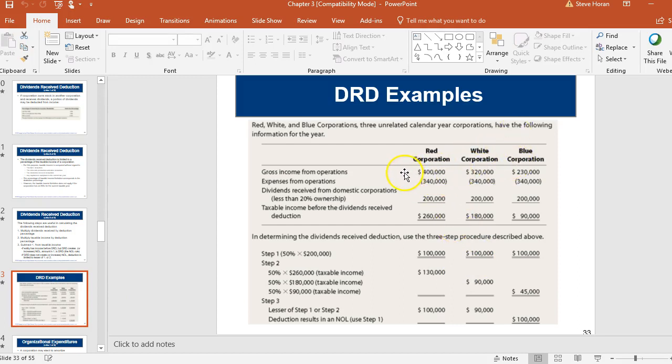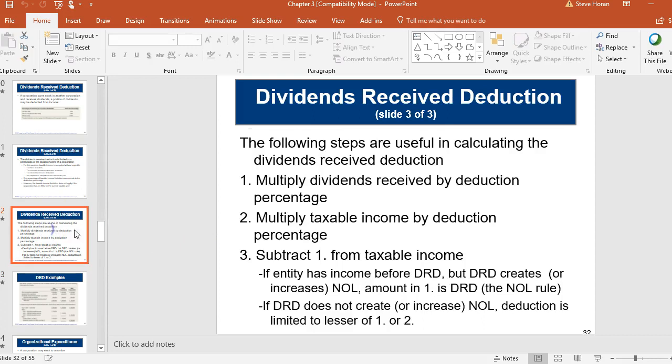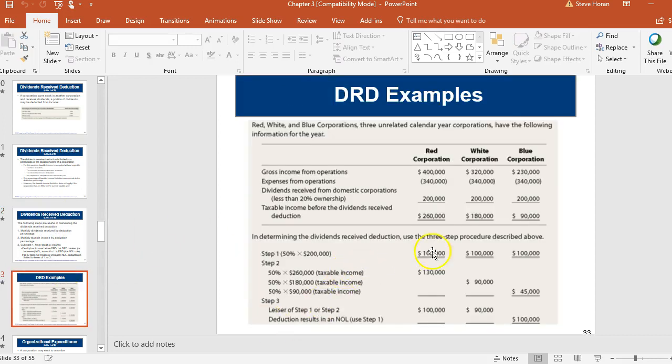They all have different levels of gross income, but they all have the same amount of expenses and the same amount of dividends received. And that's at the 20% or less range of ownership, which means it's the 50% exclusion. So then we have 3 different levels of taxable income, 260, 180, and 90. And then we do the steps 1, 2, 3. So these steps 1, 2, 3 are these steps 1, 2, 3.